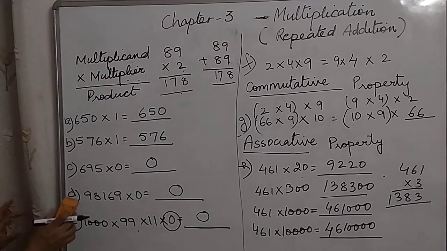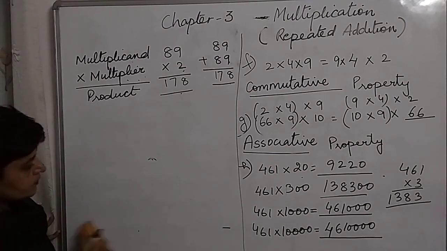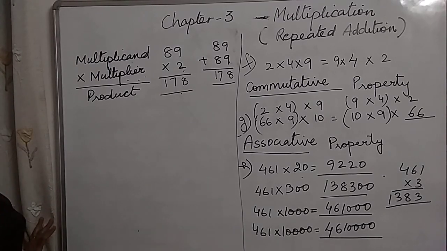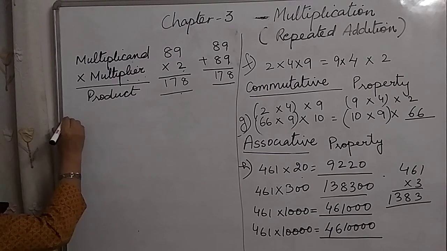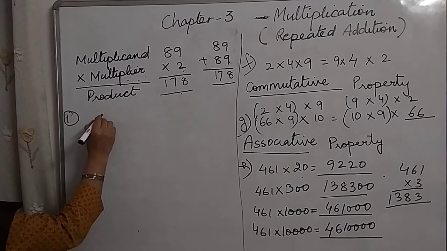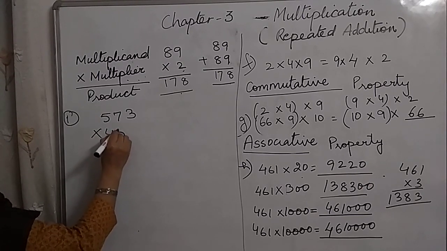Now we'll be solving a few questions of multiplication. Question 1. 573 multiplied by 453.